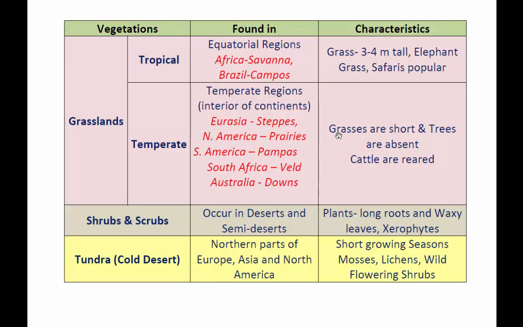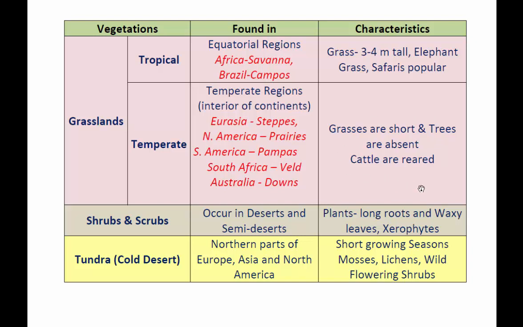Yes, one of the basic differences between tropical grassland and temperate grassland is that grasses in the tropical regions are tall, 3 to 4 meters tall. One of the best examples is elephant grass, whereas in the temperate grassland, grasses are short and the trees are mostly absent, and these places are used for rearing cattle.